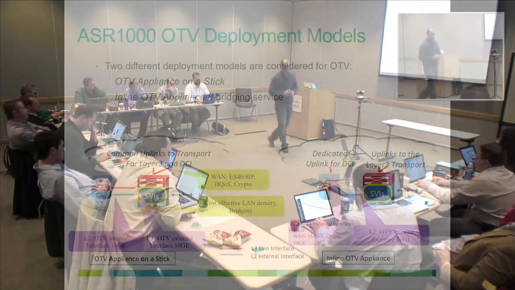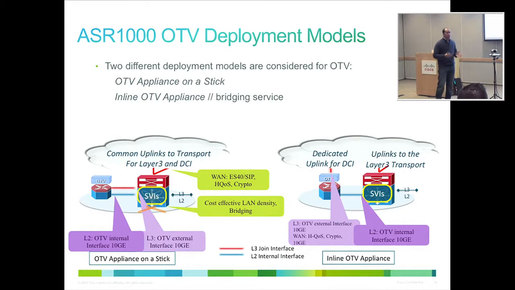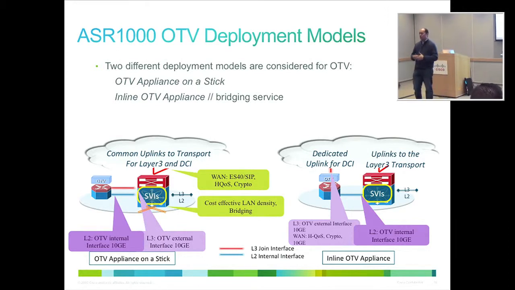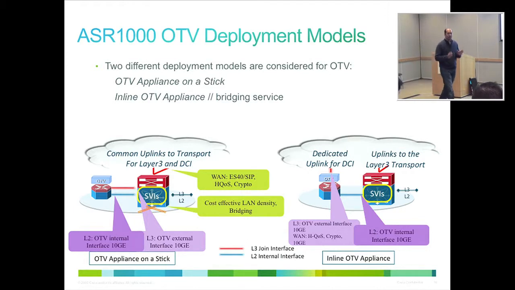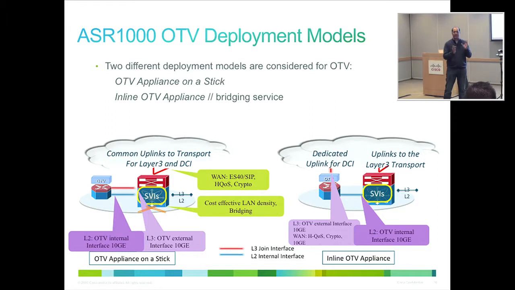So if you have ASR 1000 and you want to use OTV, what are the deployment models that we have? So our customers, sometimes they don't want to change anything in their network. They just want to have an OTV appliance sitting on top of Cat6K or some other switch that doesn't do OTV. So they are looking for ASR 1000 as an OTV appliance.